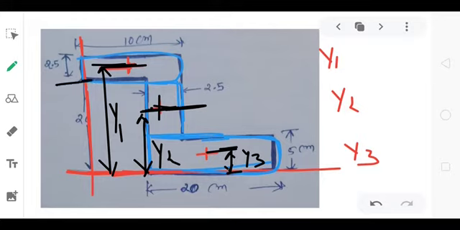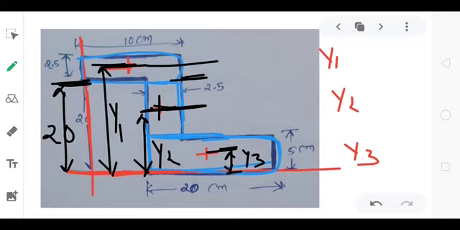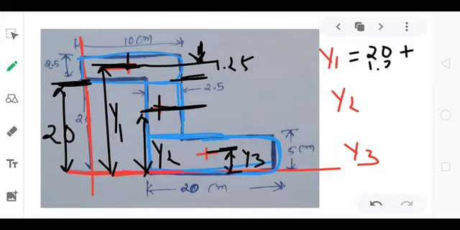We already have this much height given in the problem, that is 20, and this center point lies at the midpoint of this total thickness, so it will be at 1.25. So y1 will be 20 plus 1.25, so it will be 21.25.